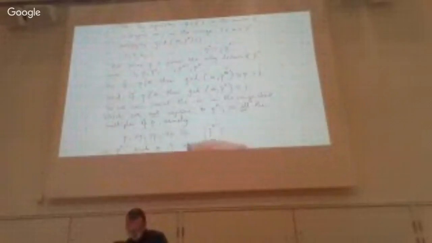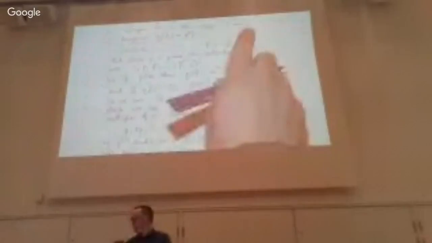So the remaining ones, i.e. the m's not on this list here, must all be co-prime to p to the n. So phi of p to the n is the amount remaining there.